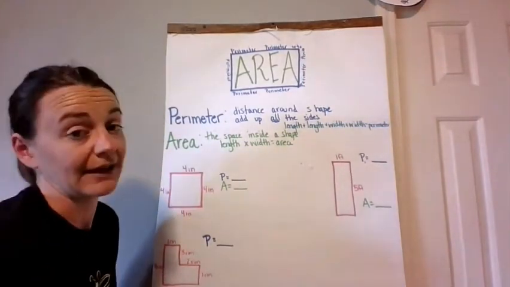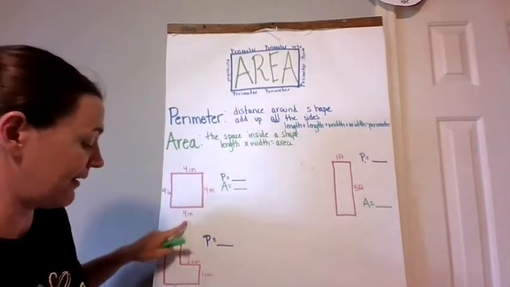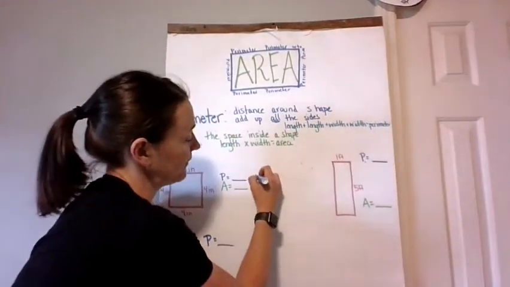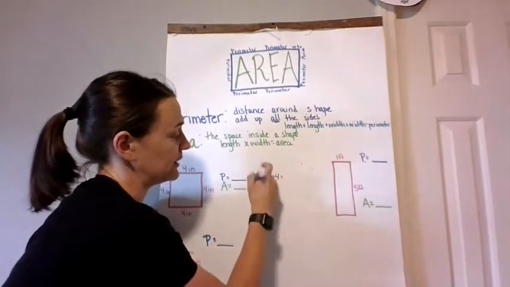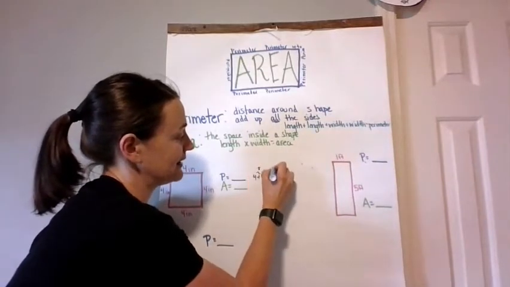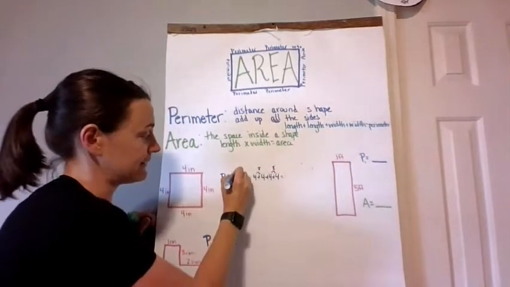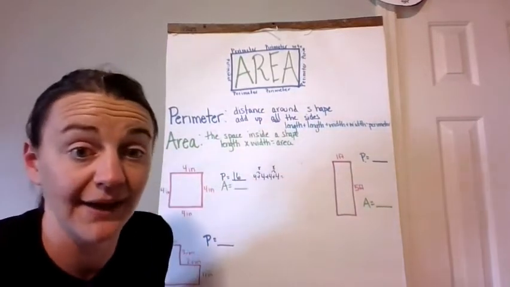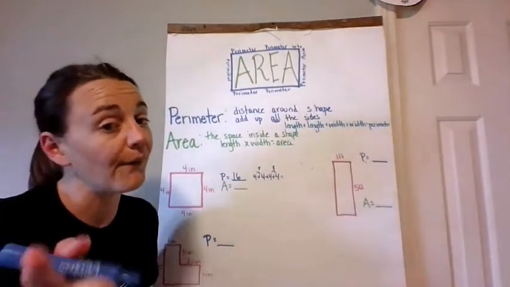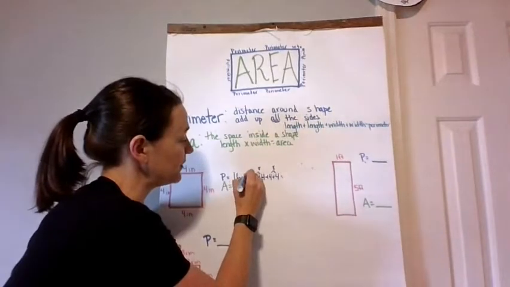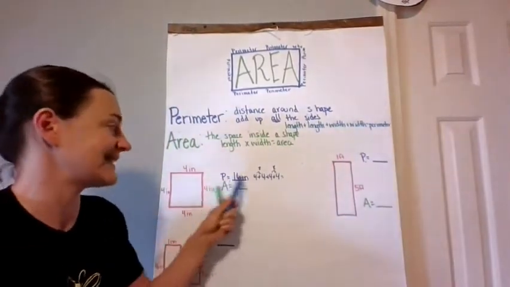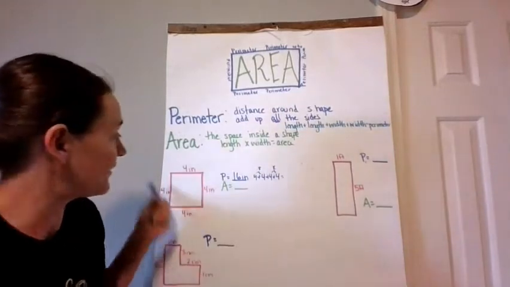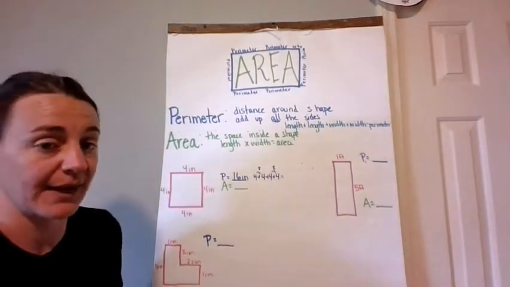And then I can see, oh yeah, I really need to add up 4 4s. 4 plus 4 plus 4 plus 4. 2 4s is 8. 8 plus 8 is 16. Am I done there? No, I forgot my label. For those of you who said that to the computer screen, I heard you. I forgot my label. 16 inches for the perimeter of that square.